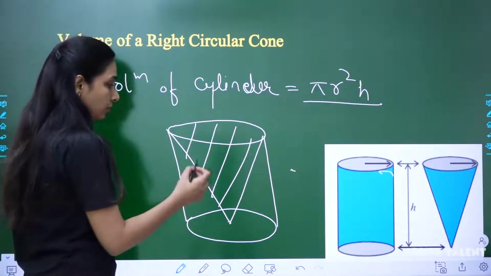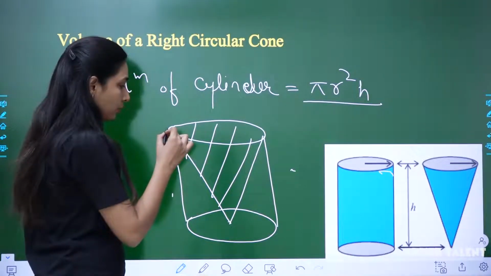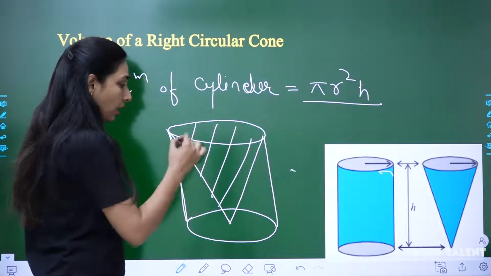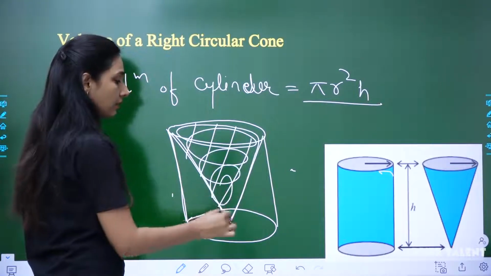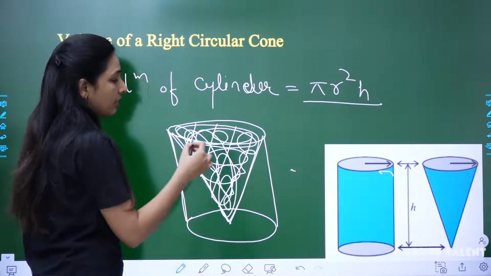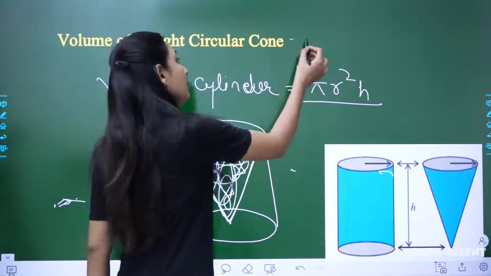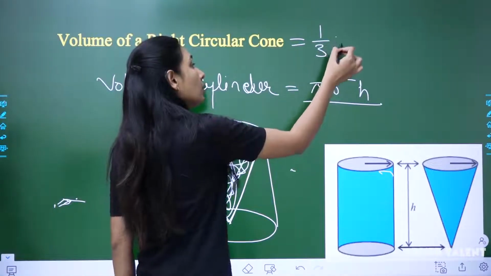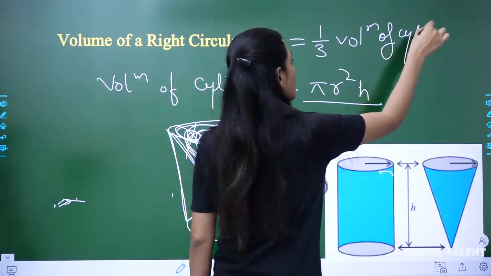Okay, so in that case, it is assumed, and it is proven also, that the volume of this particular space will be 1/3 the volume of the cylinder.